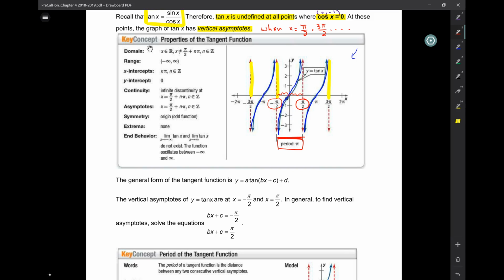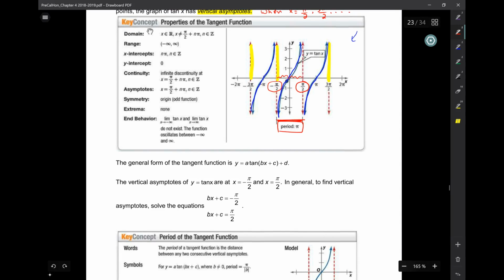We're going to remember that. Also different are the beginning and end points of the cycle. For sine and cosine, it went from 0 to 2 pi. Now, for the tangent, it goes from negative pi over 2 to pi over 2. And the total period is just a pi.